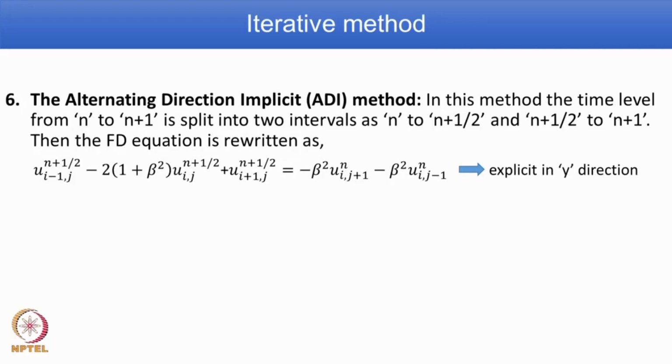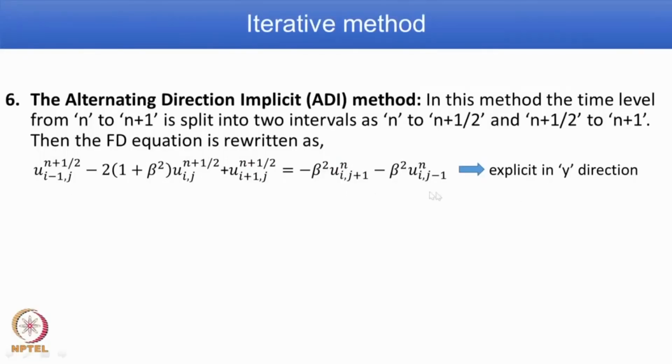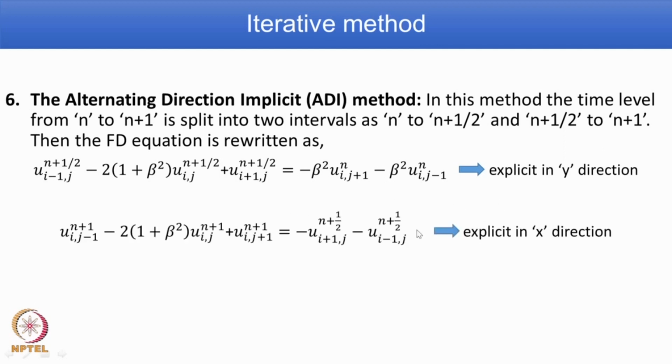Now, every time one set is taken implicit, another set is taken explicit. The first step, for example, is implicit in the x direction and explicit in the y direction. Accordingly, you can rewrite the discretized equation, and we get the final discretized equation as shown here.